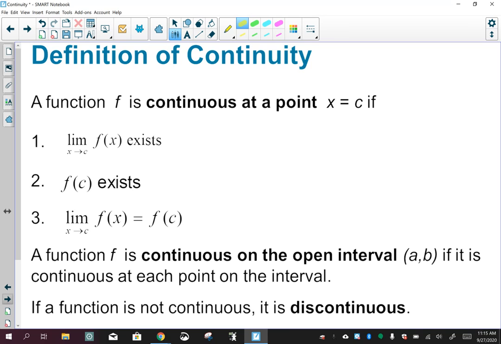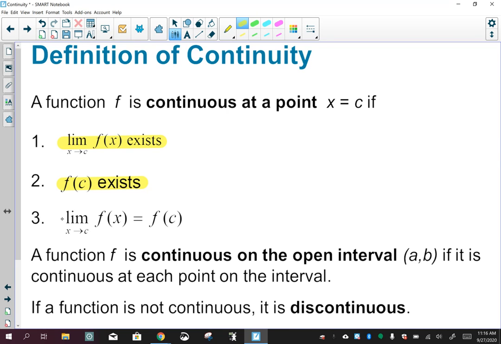So here are the actual three things. There's the first one. Number one, the limit as x approaches c of f of x exists. That's the first thing. The second thing, f of c exists. So both 1 and 2 have to exist before you can even contemplate the question, am I continuous or not?